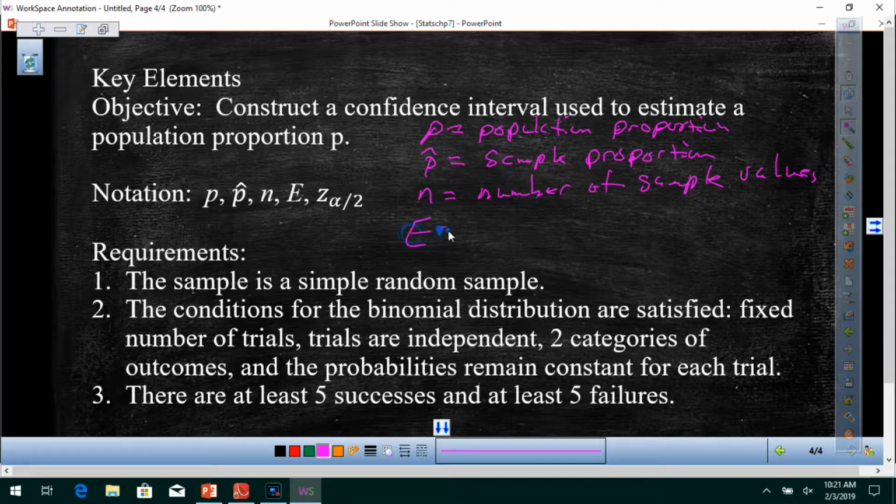E is the margin of error. E equals z sub alpha divided by 2 times the square root of p hat times q hat divided by n. And z sub alpha divided by 2 is the critical value.